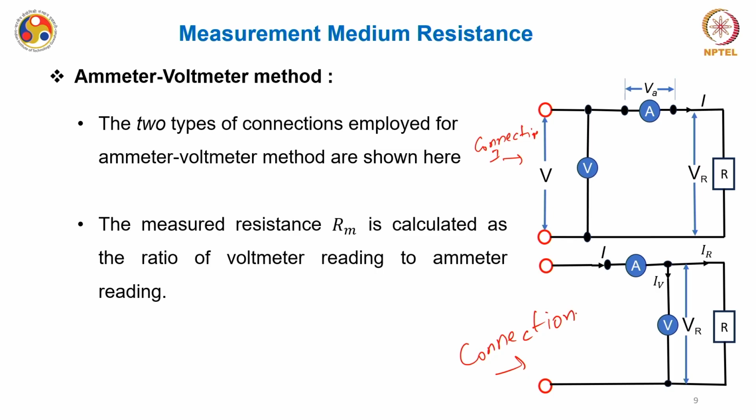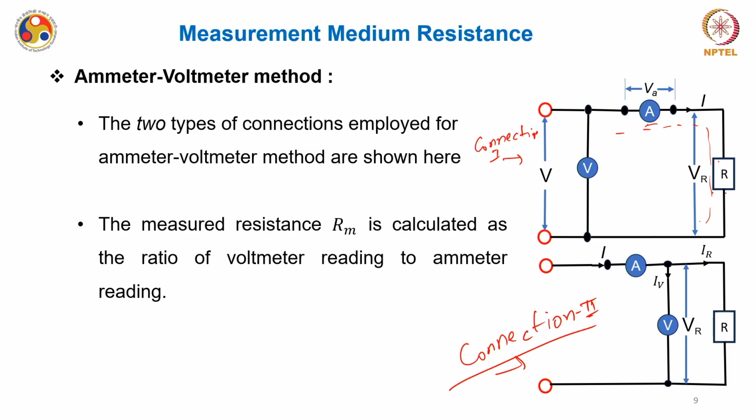Whenever I say connection 1, remember that the ammeter is connected in series with the resistance, and after that you have the voltmeter. The same current flows through the ammeter and the unknown resistance under measurement.